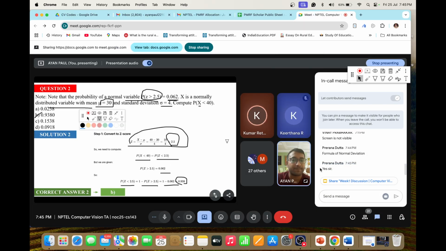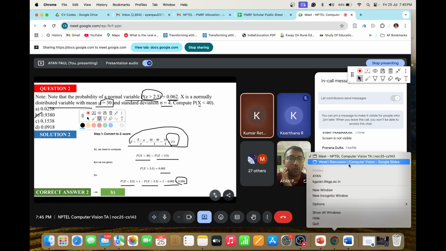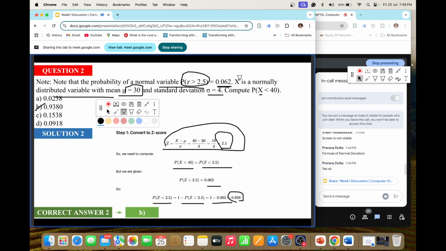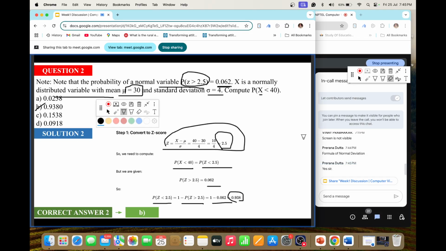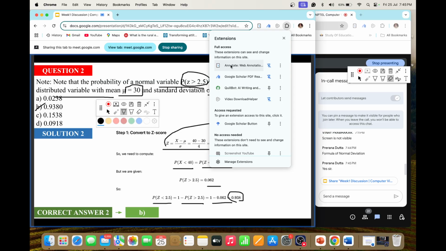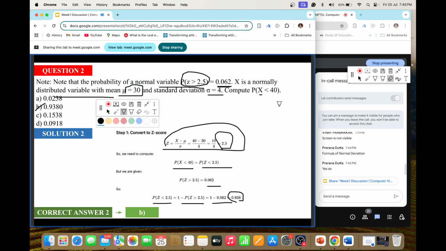Sir, kindly repeat the procedure again, please. Okay, so first you need to understand what is given here. What you have to find out is the probability of x lesser than 40.